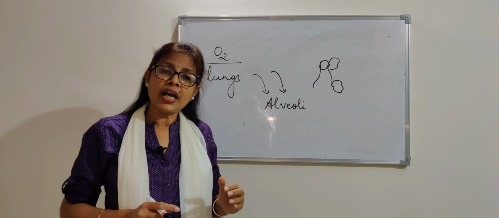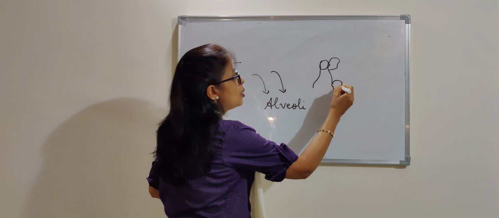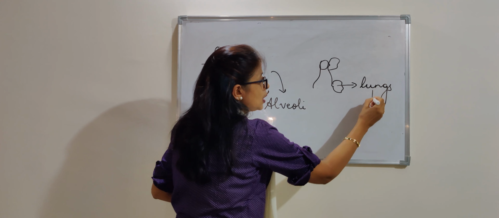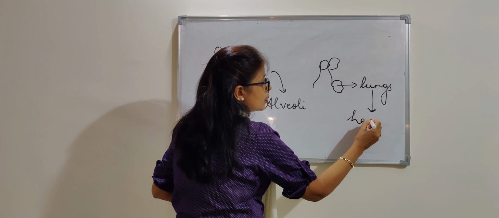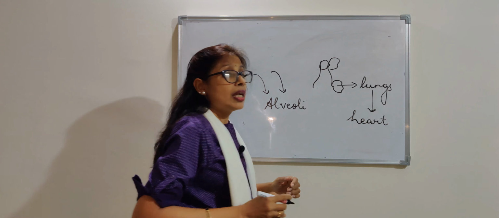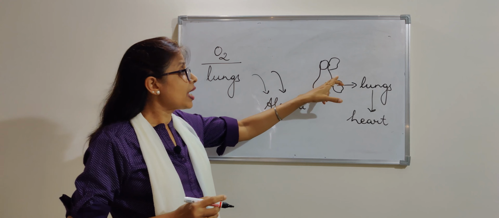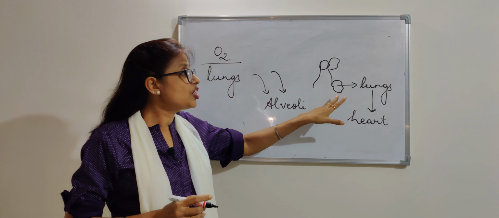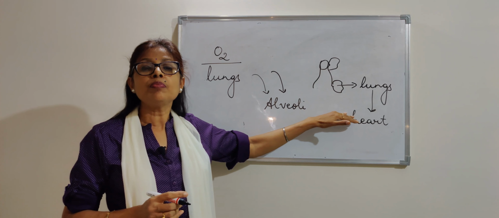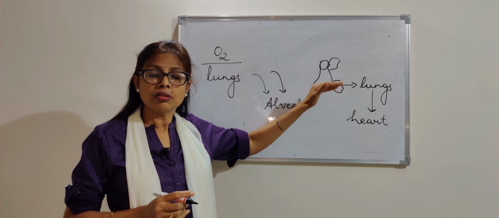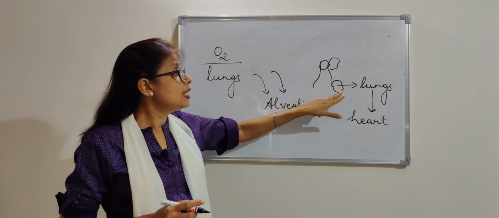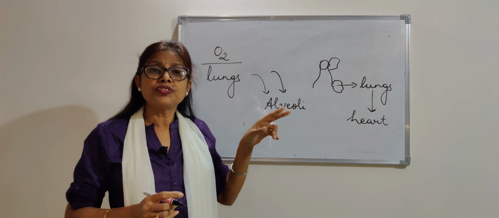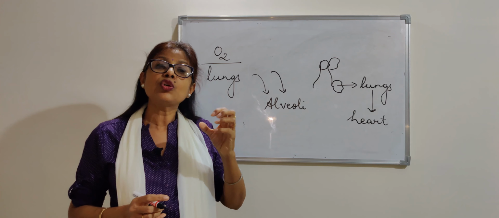But from the alveoli, the oxygen has to pass from the lungs to the heart. If all the air in the lungs, all the oxygen obtained at the time of breathing, were taken by the heart, the lungs, which are just like a balloon, would collapse.